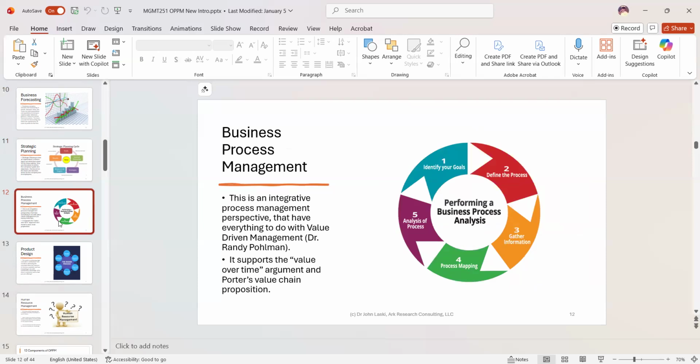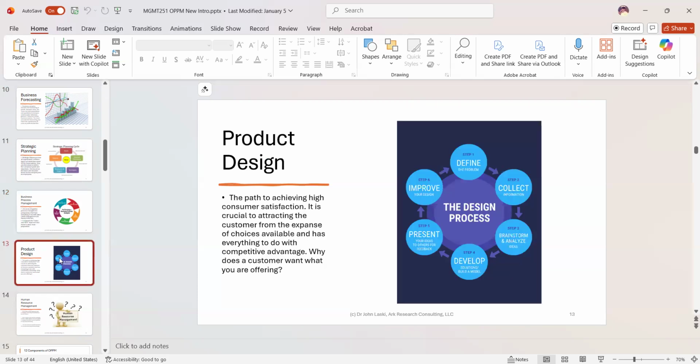Business process management is the integrative process perspective that has everything to do with what Dr. Randy Polman referred to as value-driven management. This is basically the value over time argument, and we're going to be speaking at some length about this. This also involves Porter's value chain proposition and things like Porter's 5 forces and so forth in our strategic decision making.